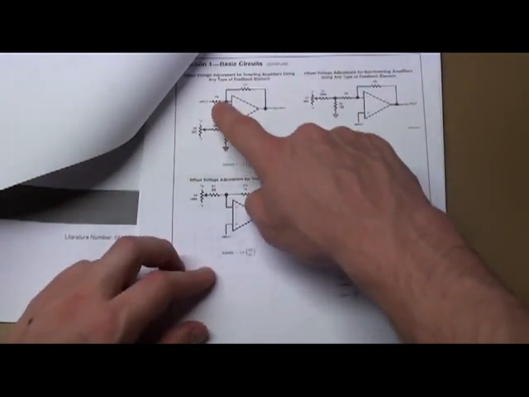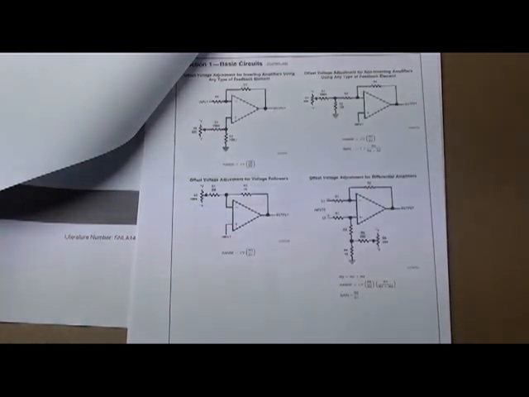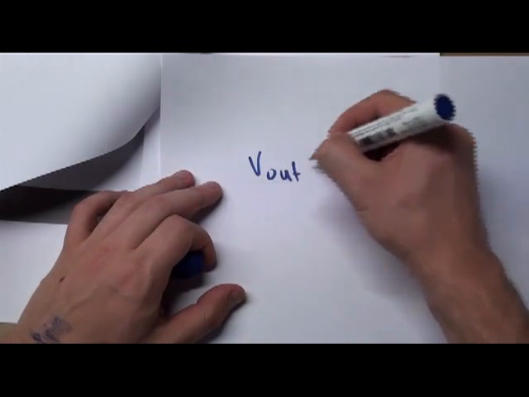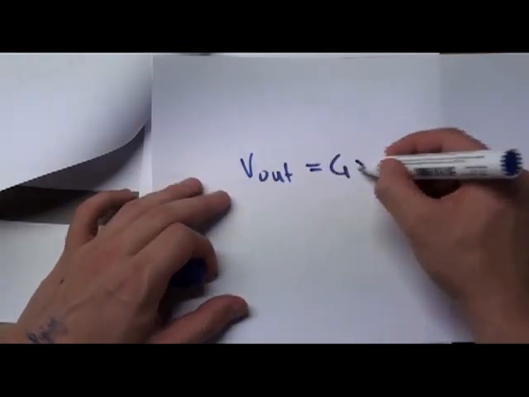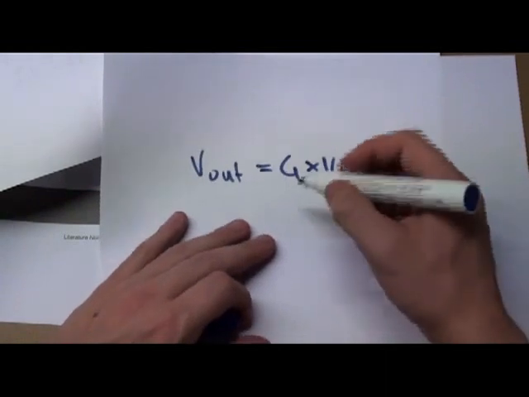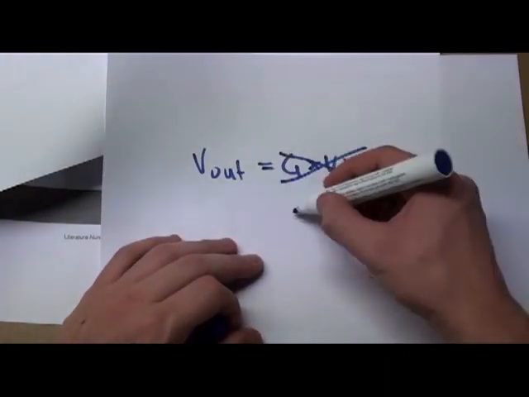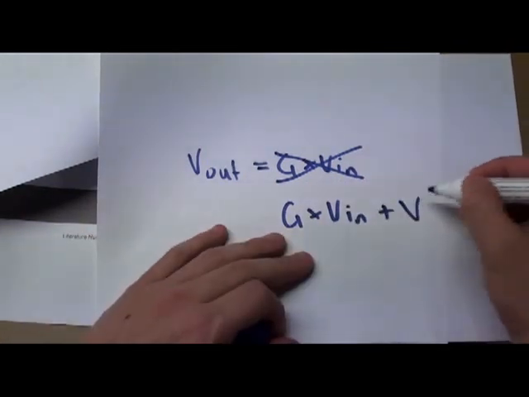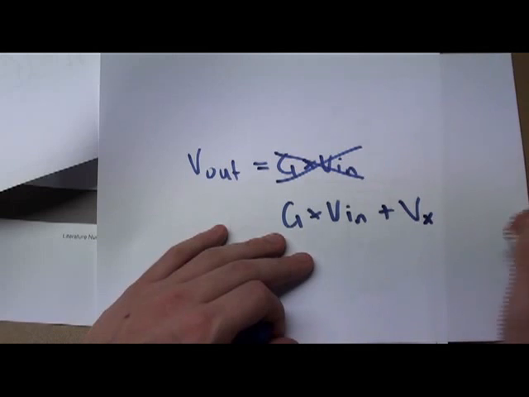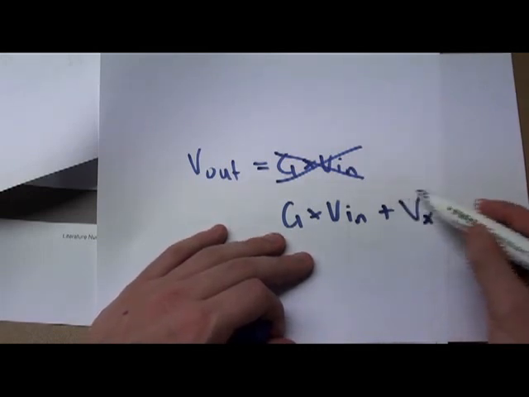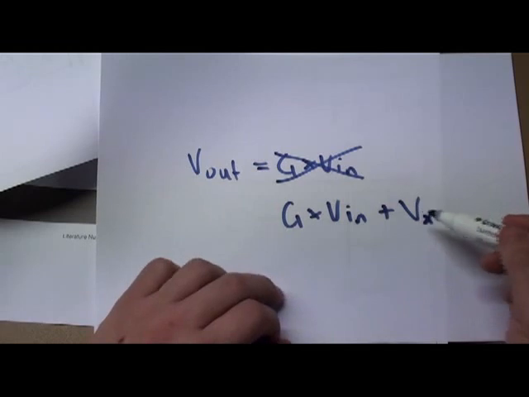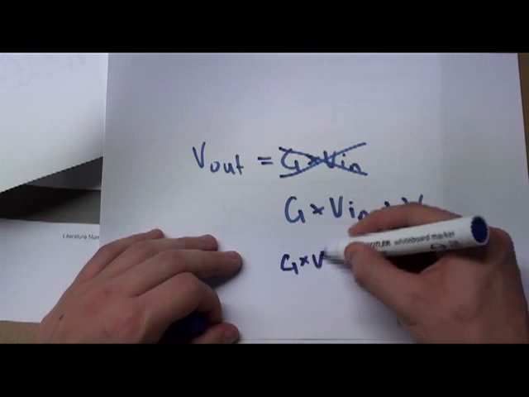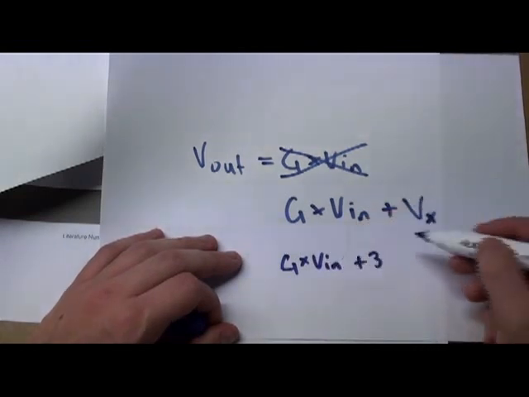What they let you do is, instead of just doing V out equals G times V in, you can actually do G times V in plus V, let's call it X, and you can calculate what you're going to add on. Now, if you remember from the start, we needed something that was G times V in plus 3, right?